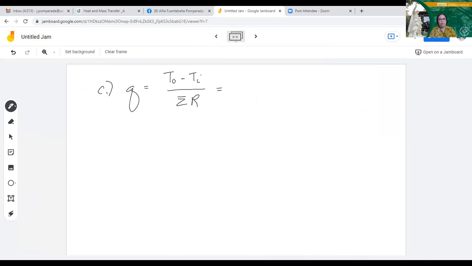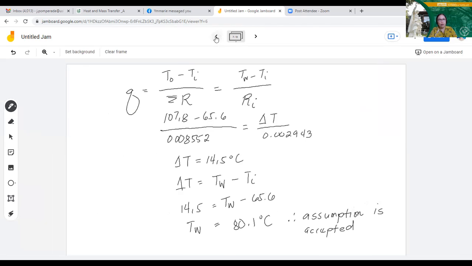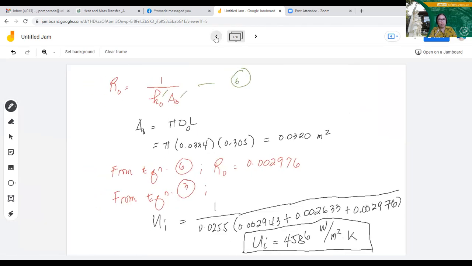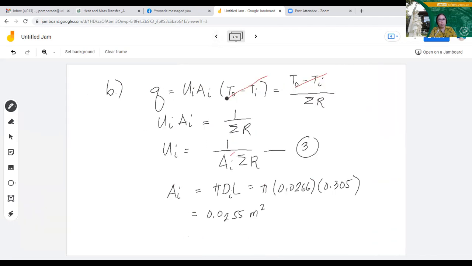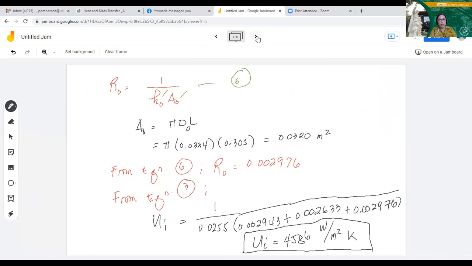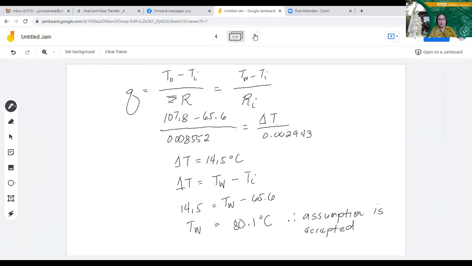So you can have U A sub i, T sub o minus T sub i, if you use this one just for checking whether the value that we have here for the U sub i in letter B is workable. So your U sub i is 4586.